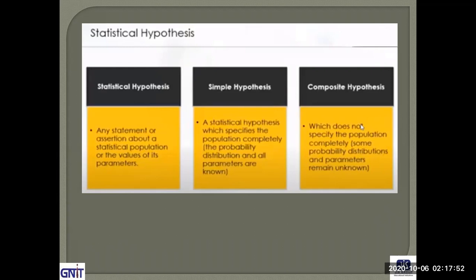So what is the difference between simple hypothesis and composite hypothesis? In simple hypothesis, we have all the data, and we have to draw some conclusion. But in composite hypothesis, there may be missing data.